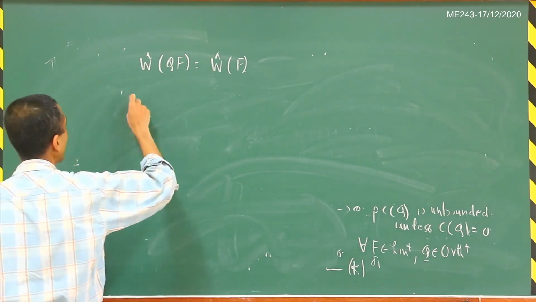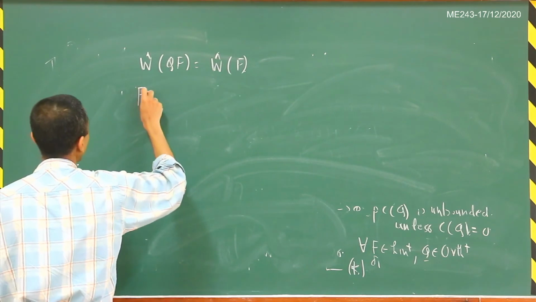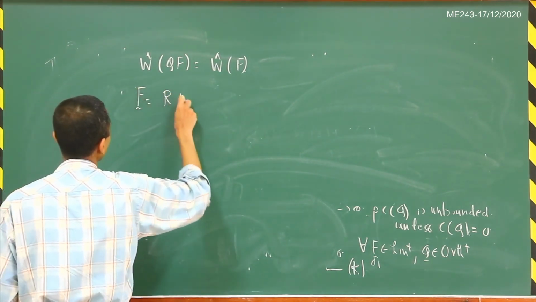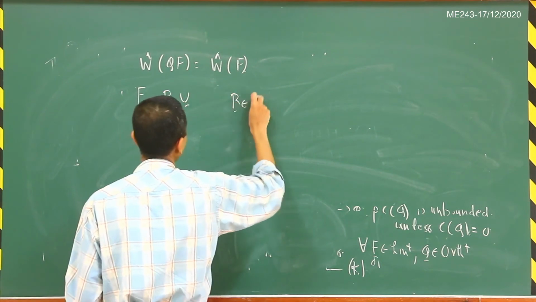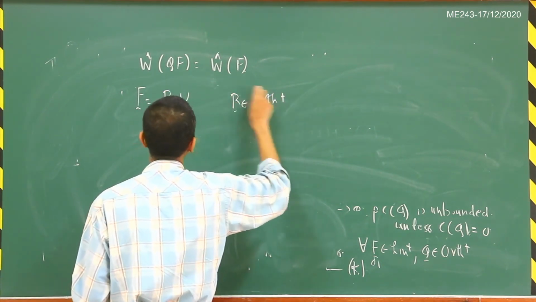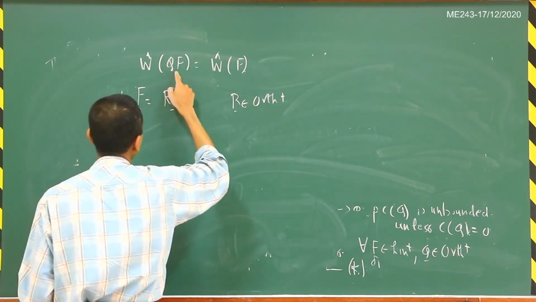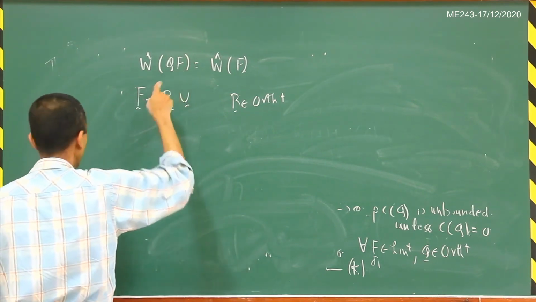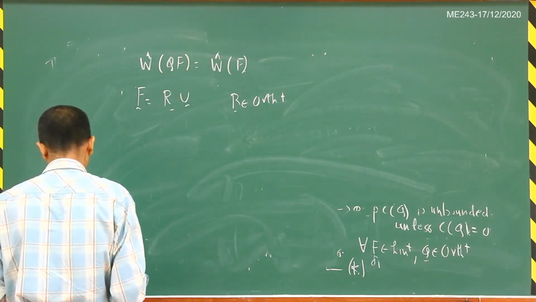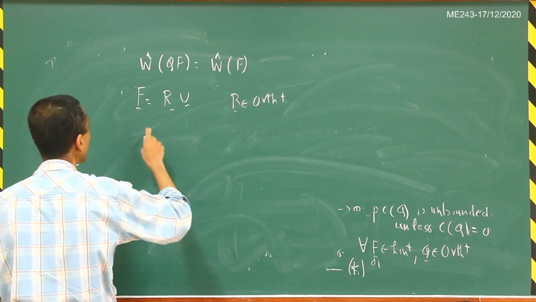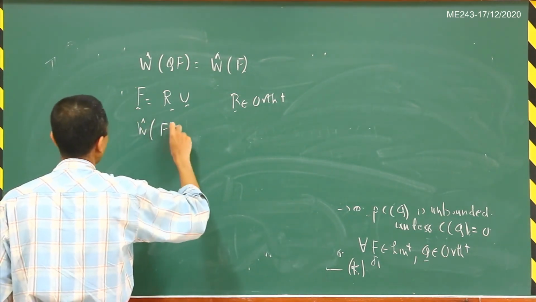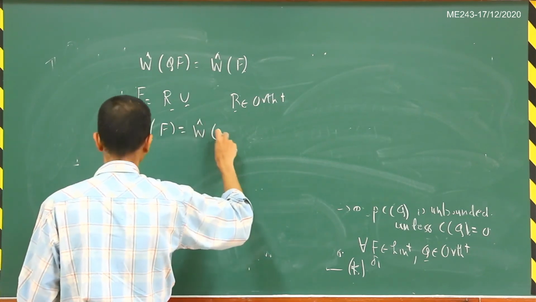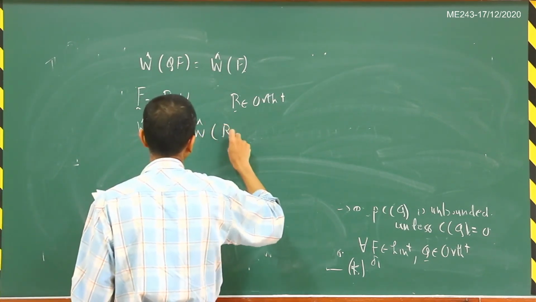So let's take f equal to r times u, right? Where r belongs to r plus, and so that is exactly of this particular form. So w hat of f is equal to w hat of ru, correct?